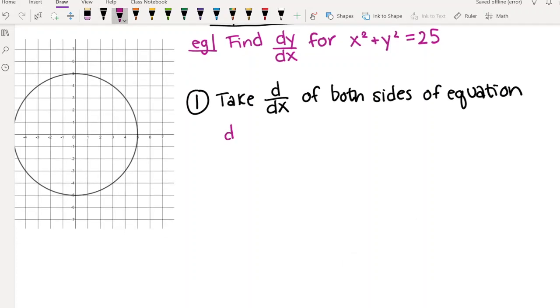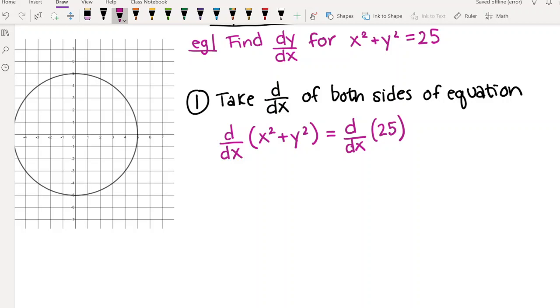So in this case, we have d/dx of x squared plus y squared is equal to d/dx of 25. Just like in algebra, you do one thing to both sides of the equation, it's the same idea. We're performing an operation on both sides of an equation.